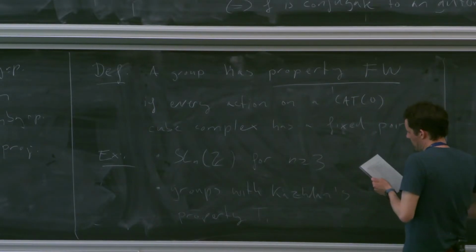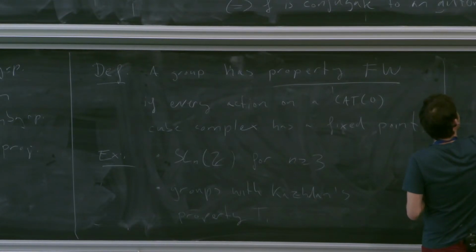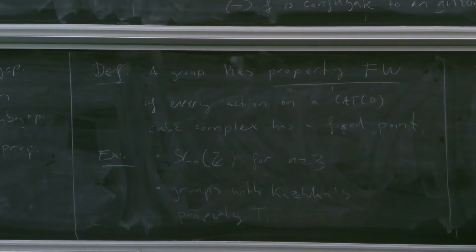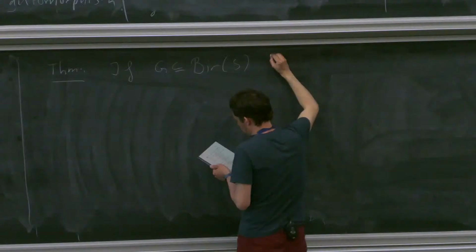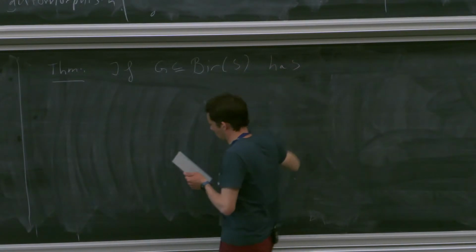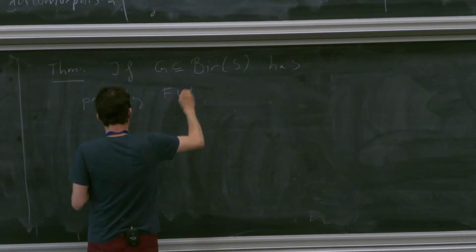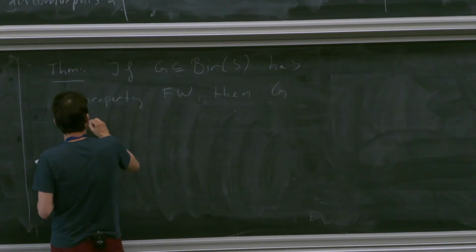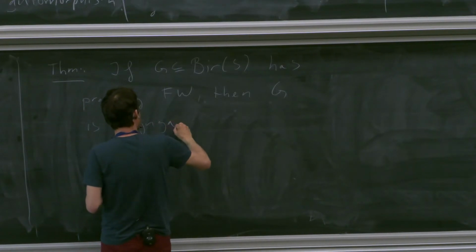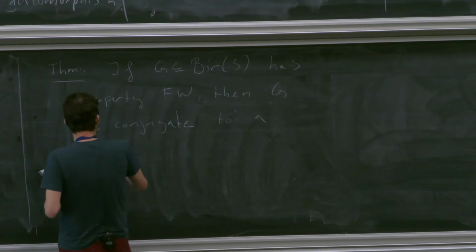Okay, and now a theorem that we get for free is: if we have a subgroup G of birational transformations of some surface, and G has property FW, then G is conjugate to a subgroup of automorphisms.